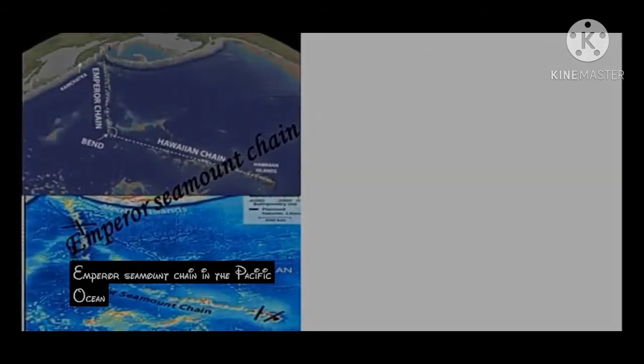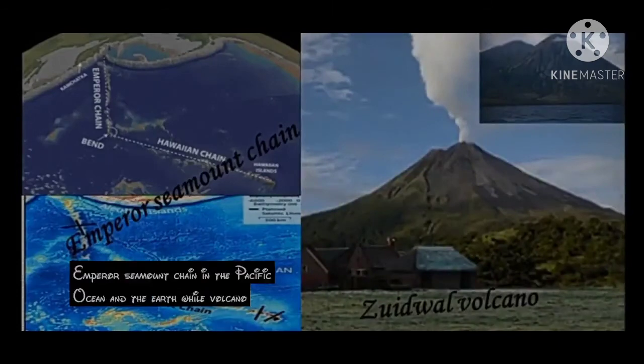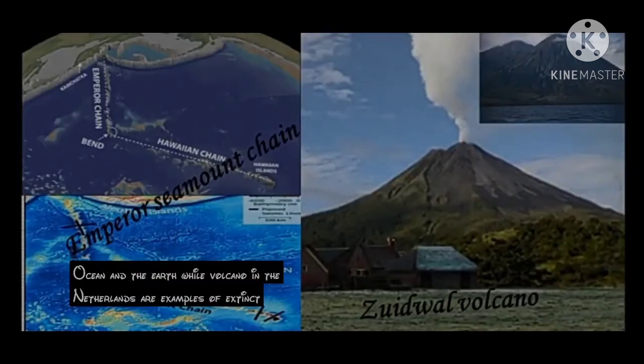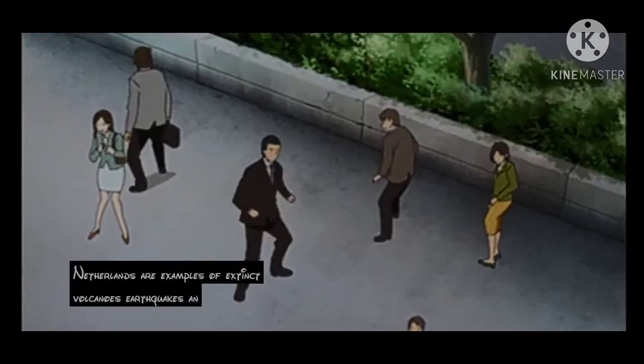The Emperor Seamount chain in the Pacific Ocean, which you are observing, and the volcanoes in the Netherlands are examples of extinct volcanoes.